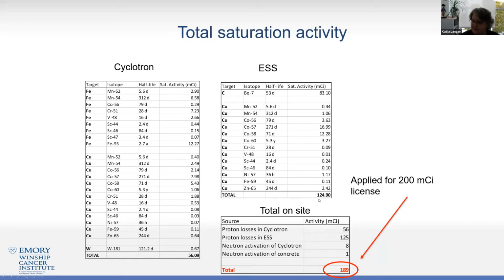It was 125 millicurie. There is some more activity that you introduce by neutron activation of the cyclotron and the concrete. So we summed all of this up, and we ended up applying for a radioactive material license for 200 millicurie for our facility.